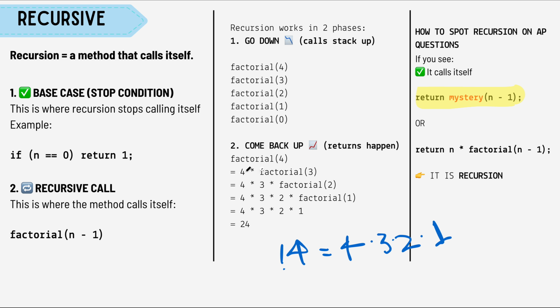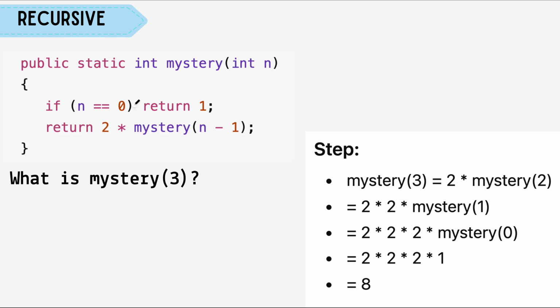So over here we have 4 factorial, that's 4 times 3 factorial, same, it keeps going until you reach 24, which is the answer. So the step that it goes is first it goes down, and then it comes back up. We understand that more over here.